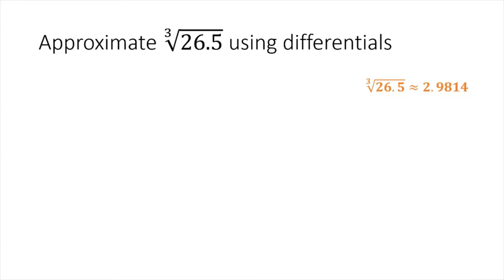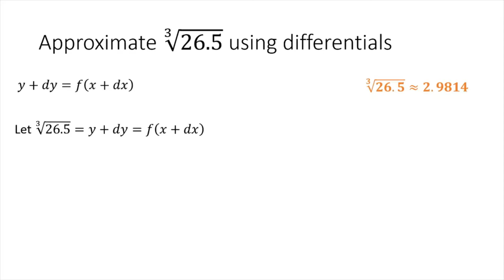Working equation, the approximation formula: first step, let cube root of 26.5 be equal to the approximation formula. Again, we'll focus first on the value 26.5, equate this to x plus dx.